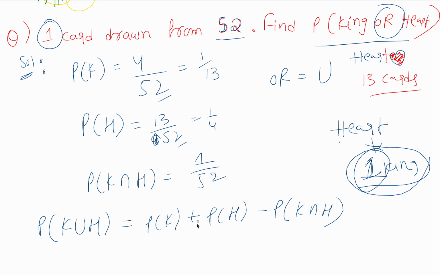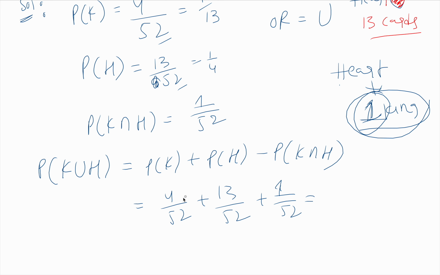Taking the same values as below: 4 by 52 plus 13 by 52, that is 17 by 52, minus 1 by 52.